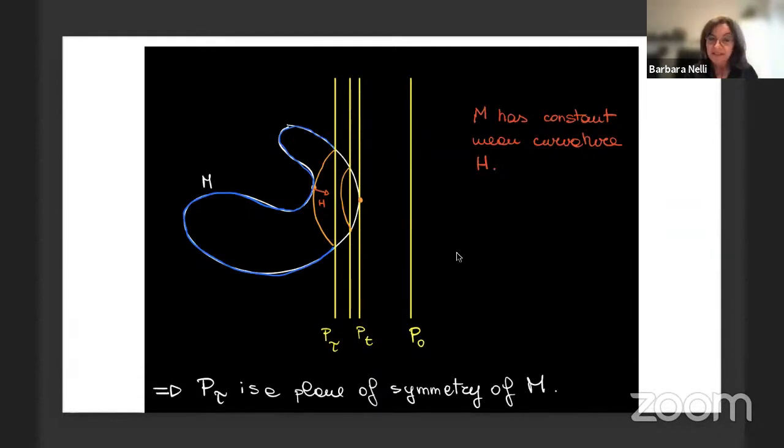Okay, so this is the Alexandrov reflection method that, of course, guarantees that the surface has some symmetries. The use of Alexandrov's reflection method can be extended in many ways, even for surfaces with boundary. So it's a very powerful tool.